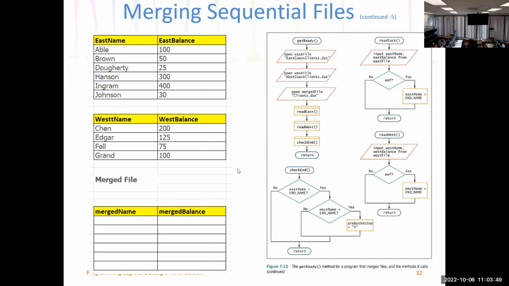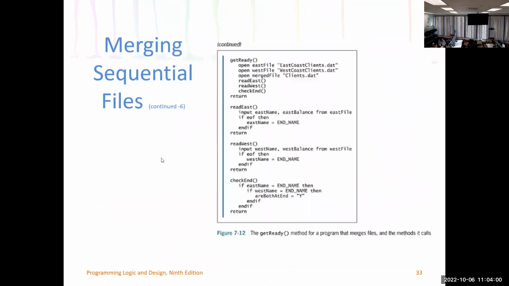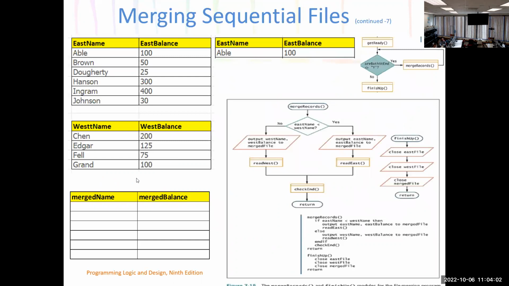If both of them are at the end of the file, you exit the loop. Otherwise, you keep doing it. Every time, you get one record from the east and one record from the west, and you have to compare them together.